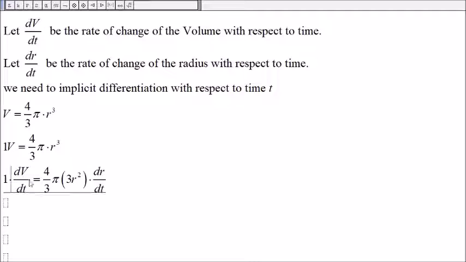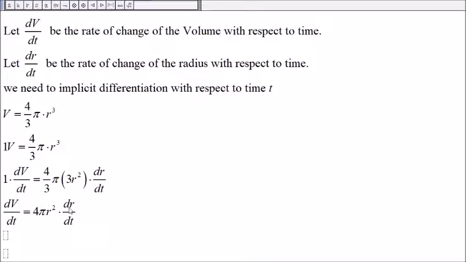And then simplify, we get 1 dV/dt is just dV/dt, and then 4/3 times 3 is 4.